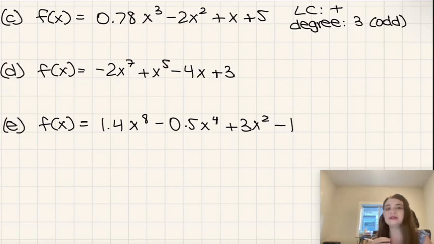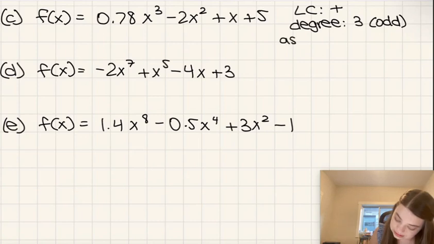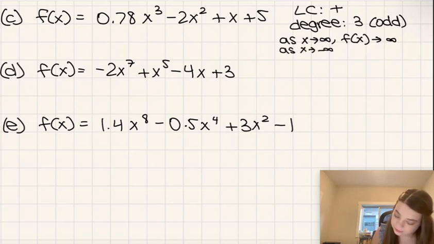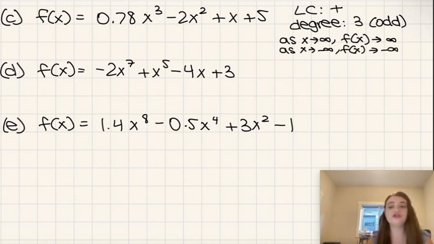So same end behavior as a linear function that slopes up, meaning that as x approaches infinity, as we go further and further right, we also go further and further up. F of x approaches infinity. And as x approaches negative infinity, or we go further and further left, we are going further and further down. So f of x is approaching negative infinity as well.